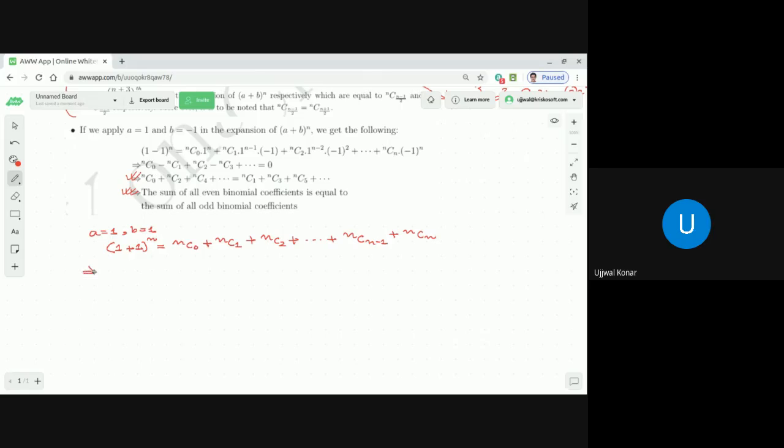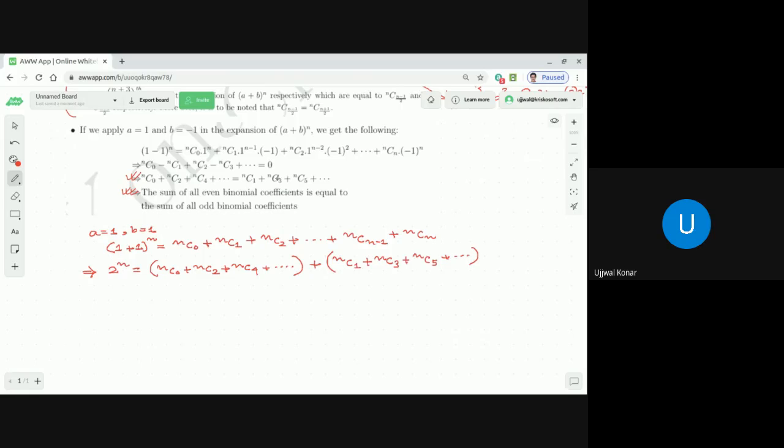That implies 2 power n is equal to, I club together, that is nC0 plus nC2 plus nC4, in that way, the sum of all even binomial coefficients, plus now we are bringing the sum of all odd binomial coefficients, so nC1 plus nC3 plus nC5, plus in that way it continues.